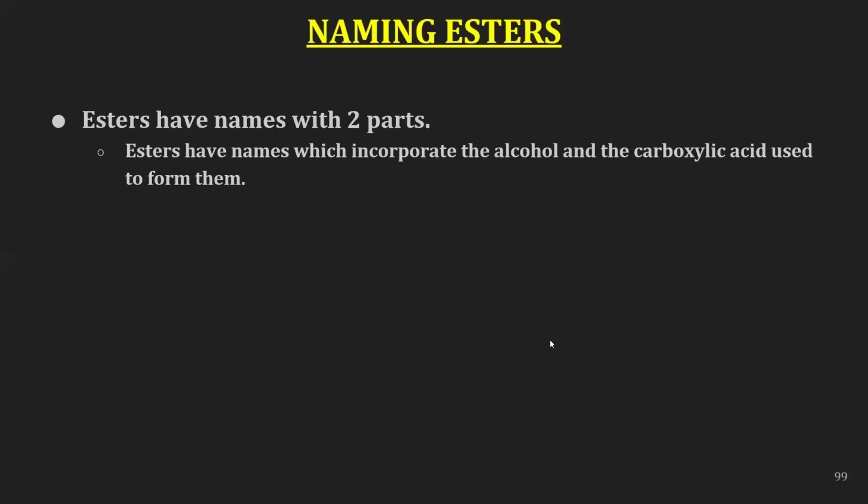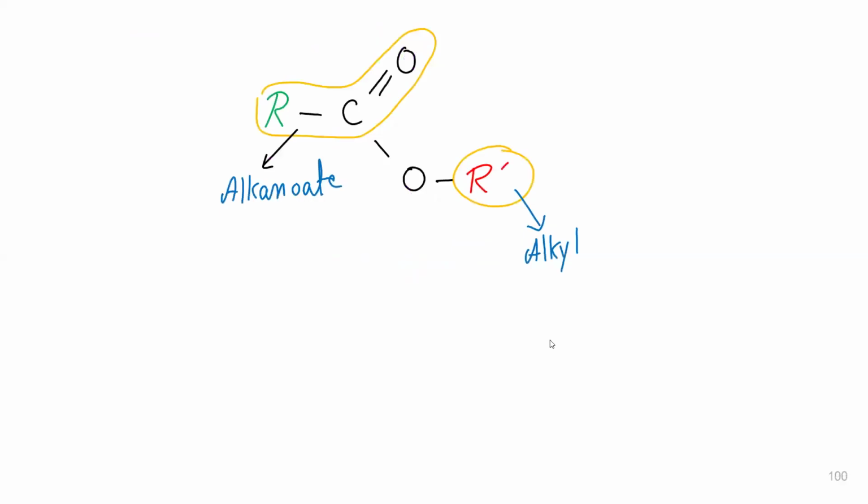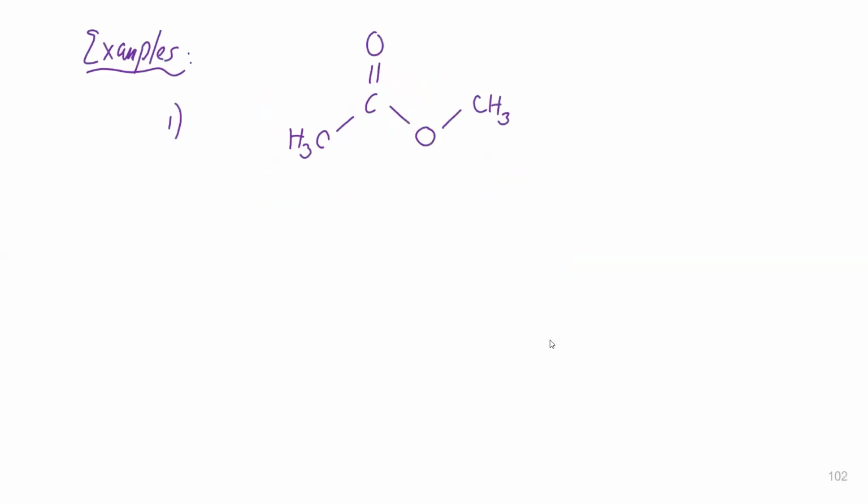How do we name an ester? Ester name has two parts. Quickly recall, one part is called alkanoate, which is the carbon with double bond, and the carbon with oxygen alone is alkyl. They merge to form alkyl alkanoate.